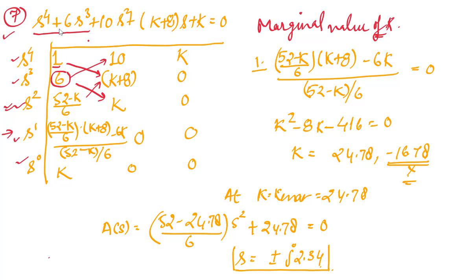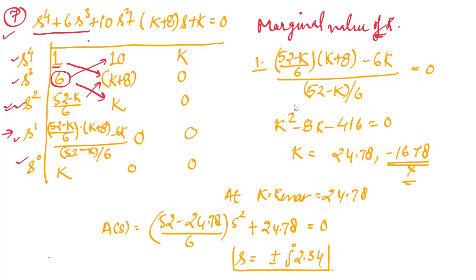So this first column should not have any negative element, right? If any of the elements gets negative, then the number of sign changes is the number of poles or zeros that will go towards the right hand side, right? So the system stability will get distorted. So all these elements should be strictly positive.